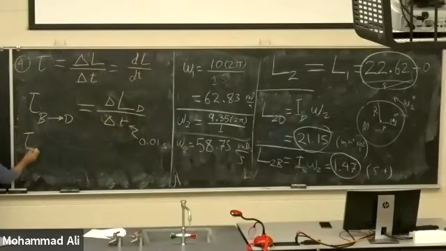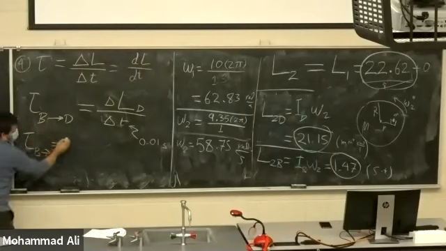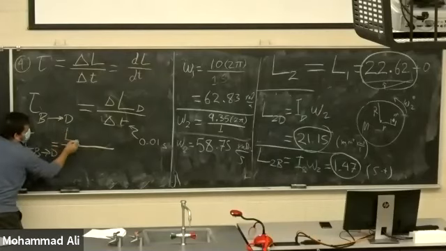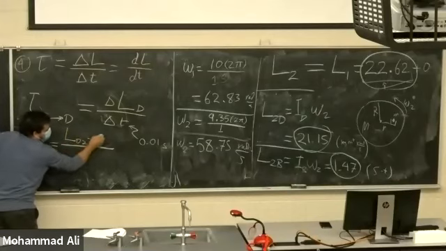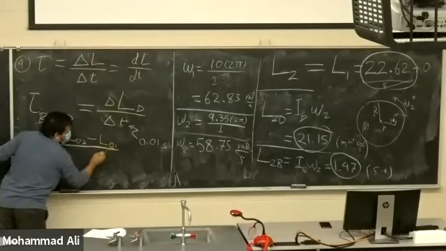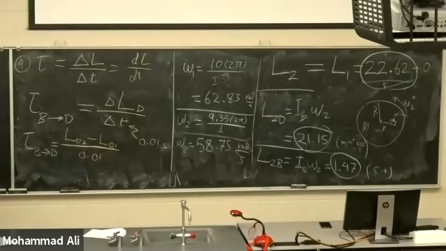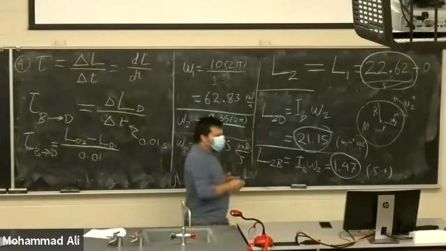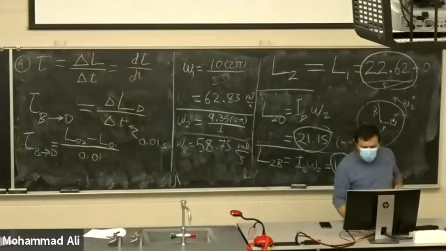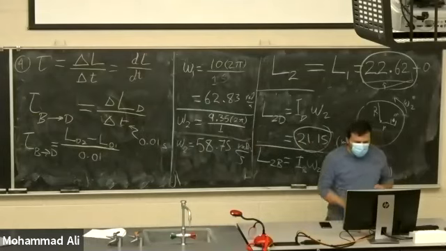So the torque from the ball on the disc is equal to L for the disc later minus L for the disc initial, over this time period. Right? If you have any question, please ask. Also online.